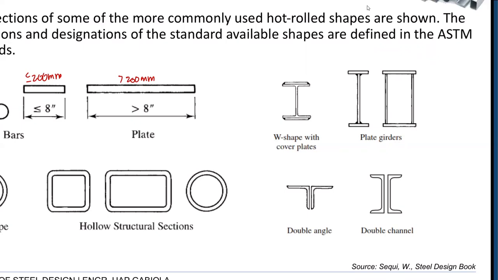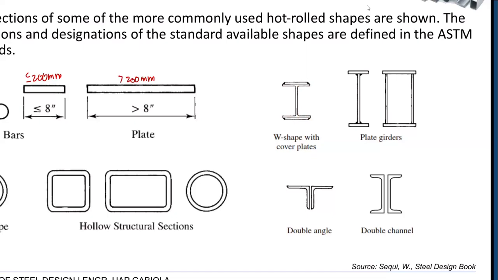Okay. For this case, you can see you have a cover plate. The main reason for cover plates usually is to increase the thickness of our flange. Maybe if yung common section na available sa construction manual yung gagamitin, maybe sa design hindi pumapasa yung flange natin.